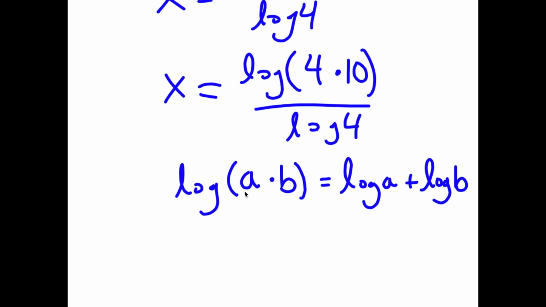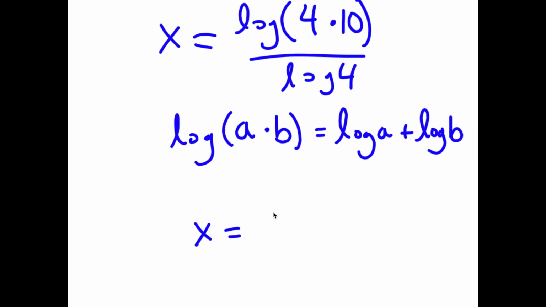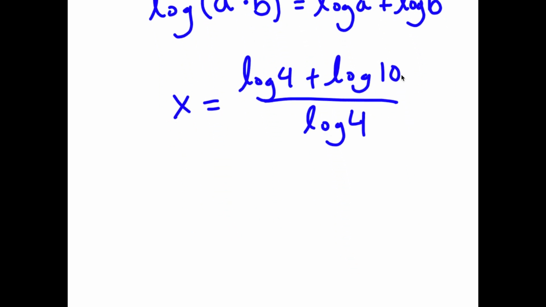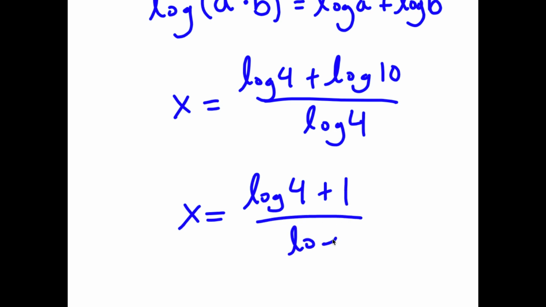So log 4 times 10, that's going to equal log of 4 plus log of 10 over log 4. And if you guys already know, log 10, that's actually equal to 1. So I have x is equal to log 4 plus 1 over log 4.